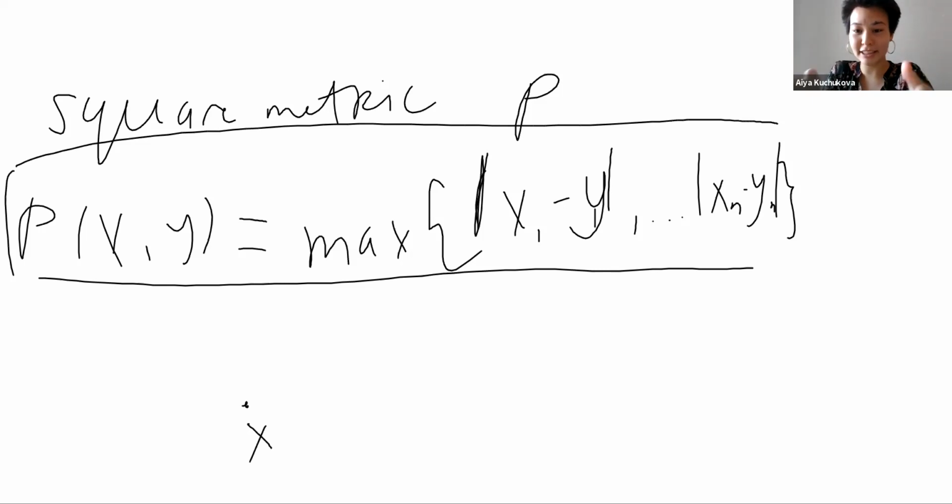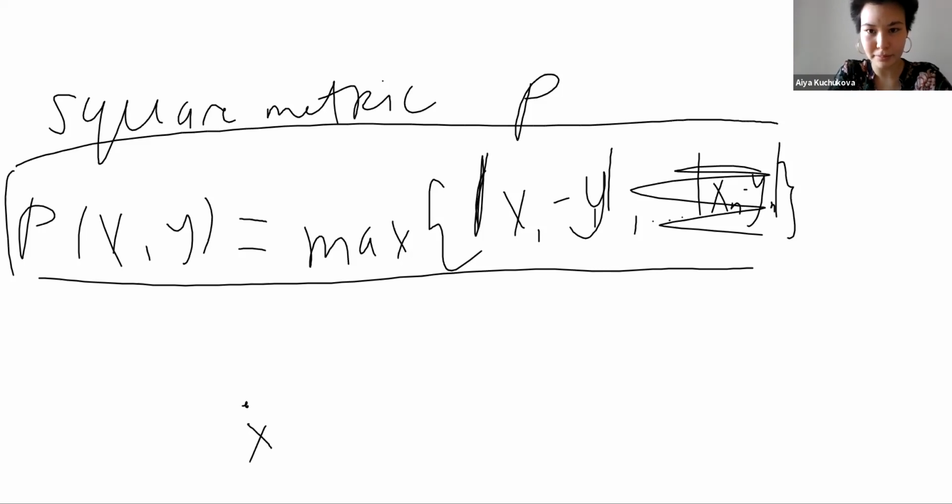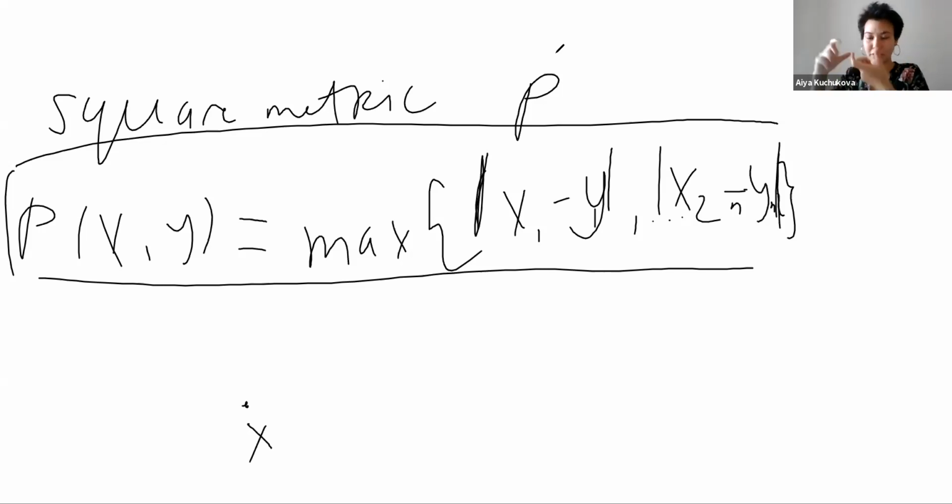And this metric says, okay, forget about n. This would just be |x2 - y2|. That's all. So you're always choosing the maximum distance on the x coordinate and y coordinate, and then you're taking the maximum as a distance.